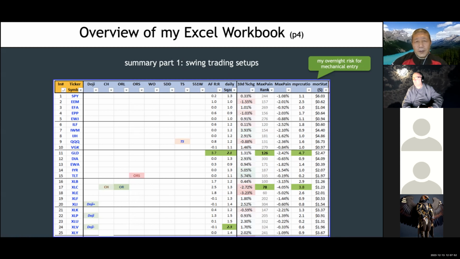The reason is if I set up a buy open order, if the symbol gaps up, what is my mechanical risk to yesterday's low? That's what my overnight risk means. I added that just for my swing trading.